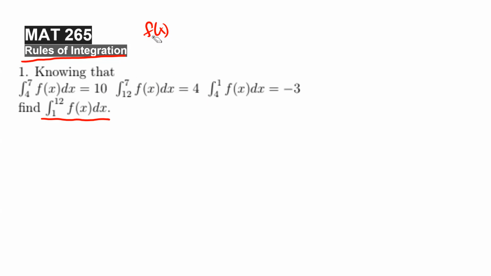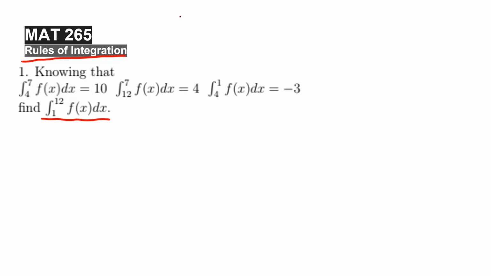So we're talking about rules of integration. I guess it might be more right to say properties of integration, so to speak. But what I'm trying to get at with this problem is if we have an integral from 1 to 2, and an integral from 2 to 4, how can we combine them to find an integral from 1 to 4, and so on.